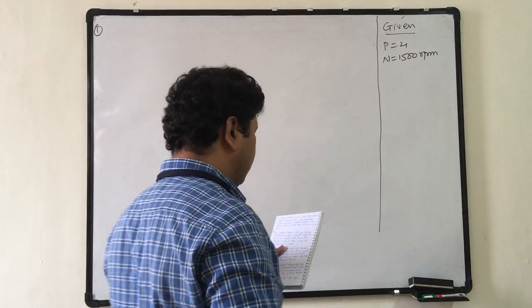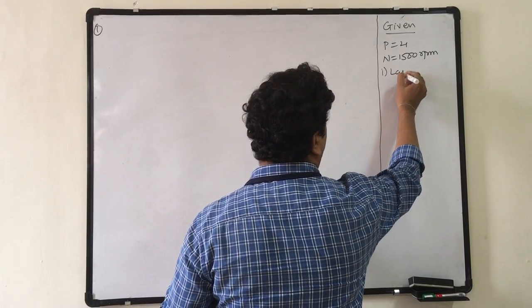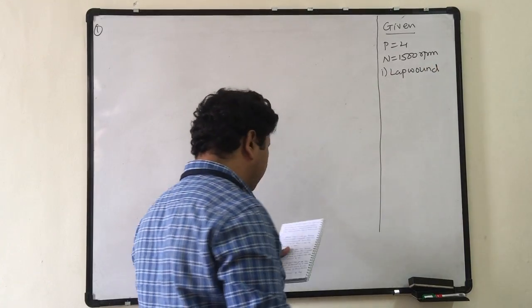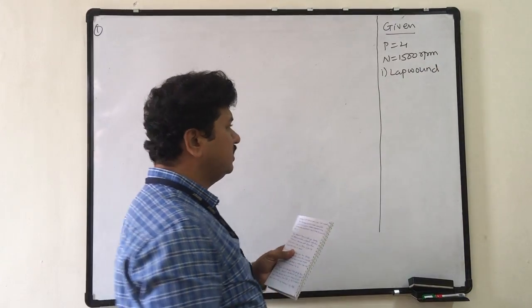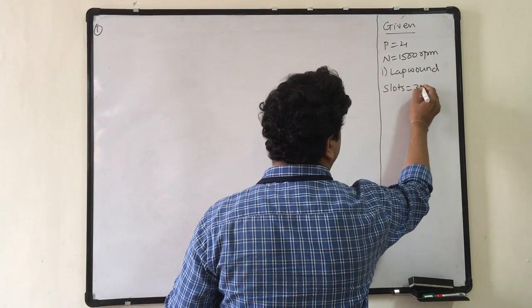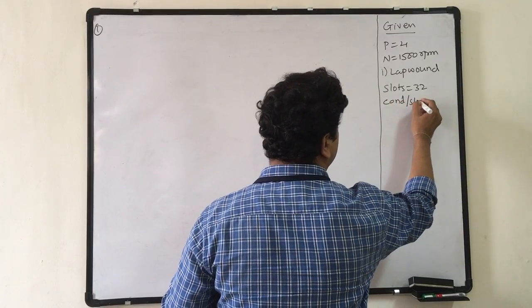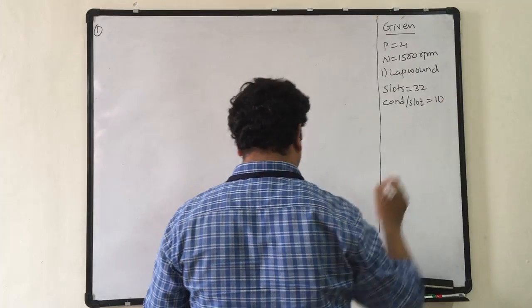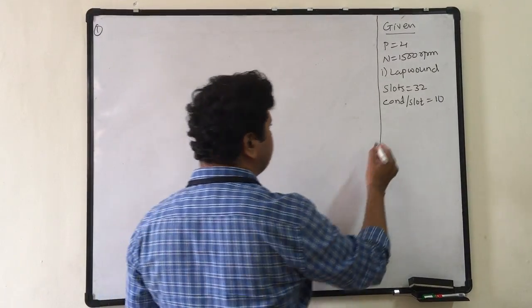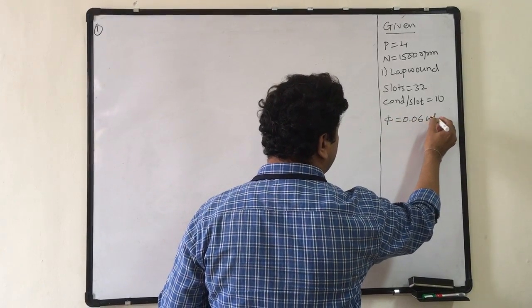It has lap wound armature, so first case it is lap wound, with 32 slots and conductors per slot is 10. Flux per pole is 0.06 Webers, so phi is 0.06 Webers.